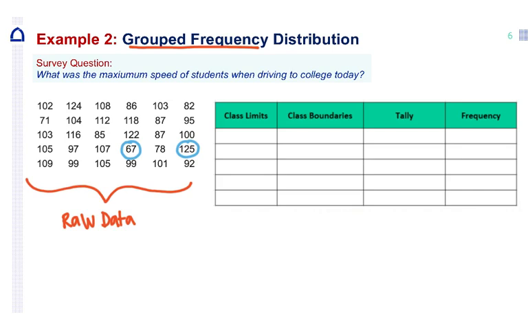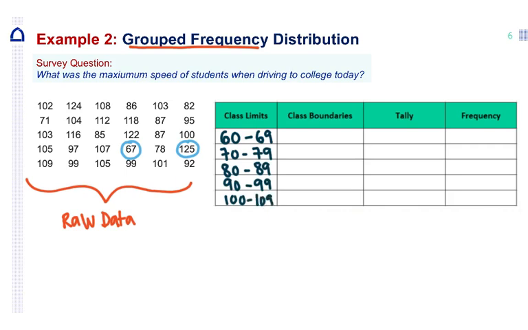So if it was up to me, my instinct would be, okay, I know I need to include 67. So I would just start and say, how about 60 to 69 as a category? And then 70 to 79, 80 to 89, 90 to 99, 100 to 109.